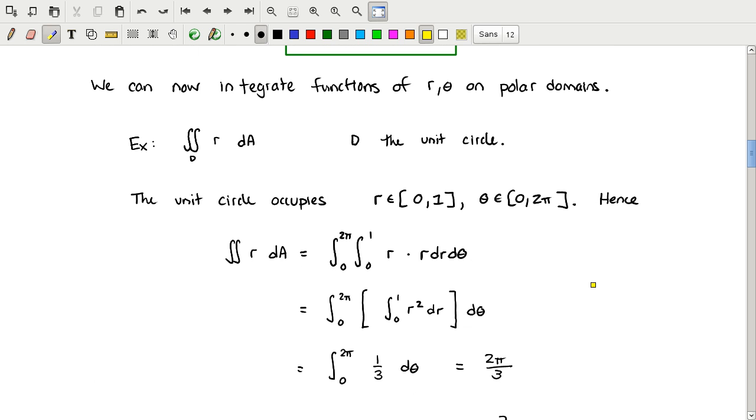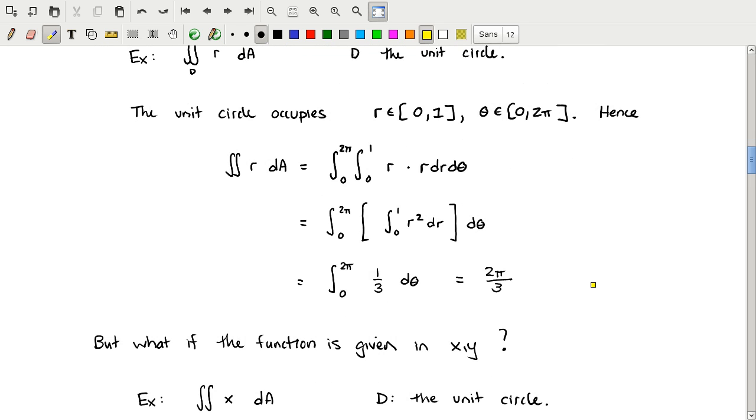So that's great. We can now do integrals of polar functions in polar domains. But suppose you're given a function that's in terms of x and y in Cartesian coordinates, and yet the domain is, say, a circle or some domain that's best expressed in polar coordinates.